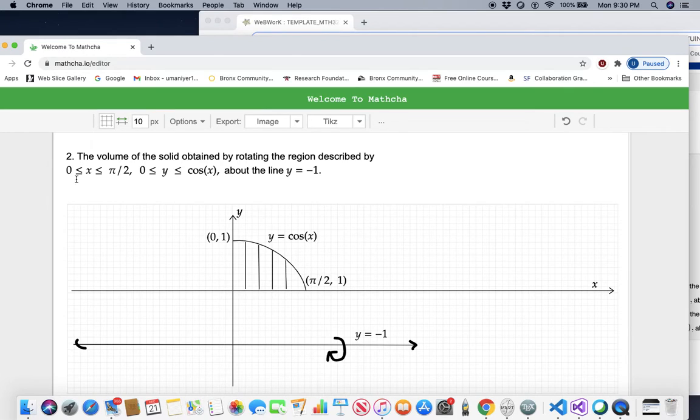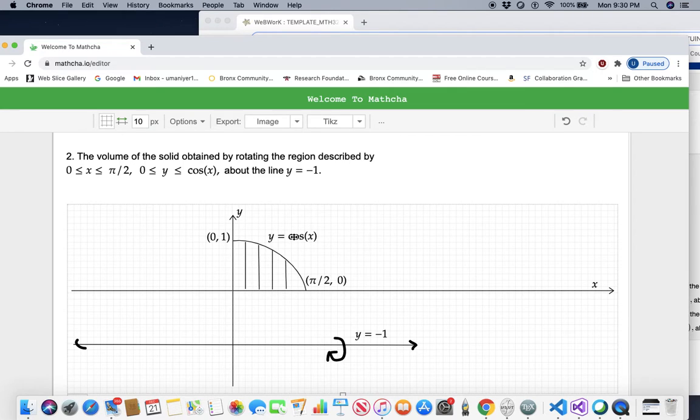First of all, x goes from 0 to pi by 2, and y is between 0 and cosine x. So that's your curve, y equals cosine x.